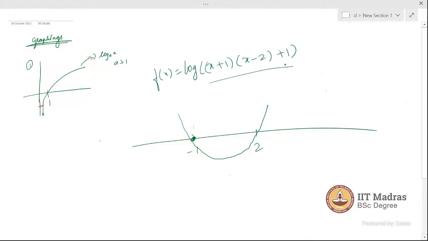So now let's understand how the graph will look for this log function. When you give it as minus 1, what is your f of x? It will be 0. And so this graph is going to be something like this.